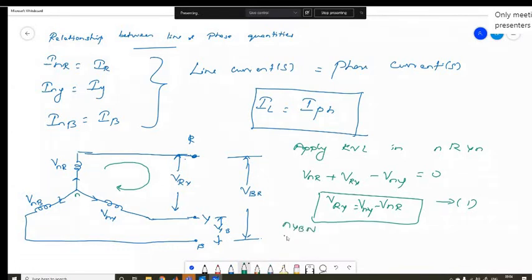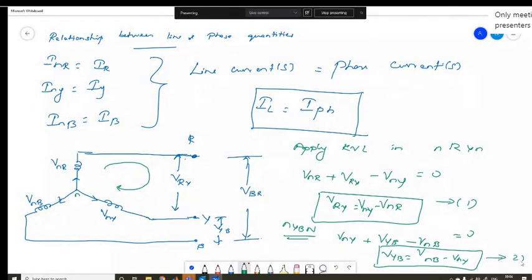From N to Y it is VNY, and from Y to B it is VYB, and from B to N we know it is VNB, but we are going from B to N, so it is minus VNB, equal to 0. From this we get VYB equal to VNB minus VNY. So this is one relation which can be used.